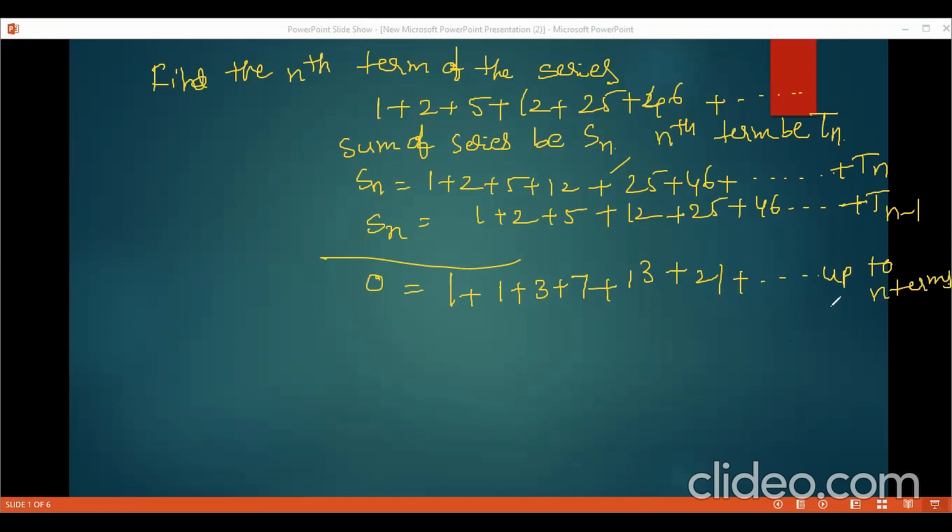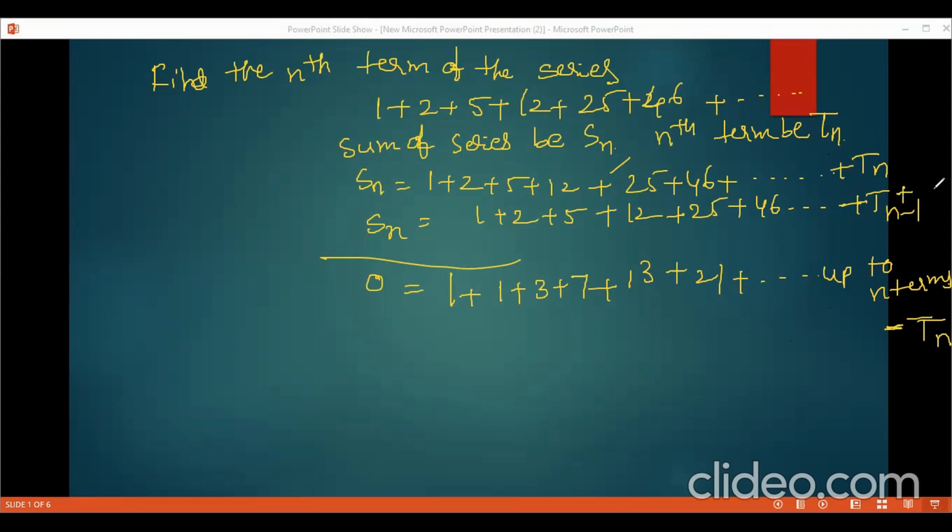Right. What do we get now? So Tn is equal to up to n terms minus Tn. Here you take up to Tn minus 1.